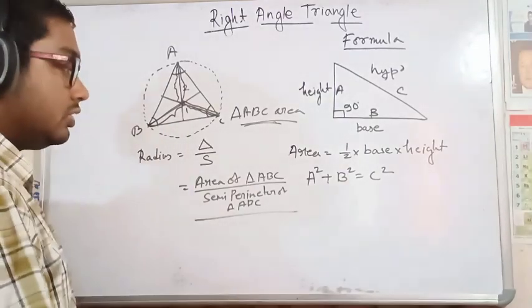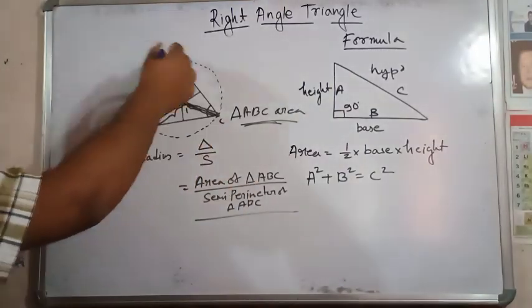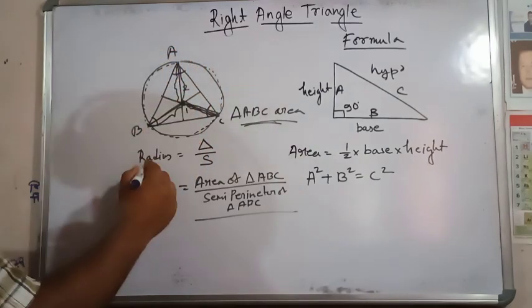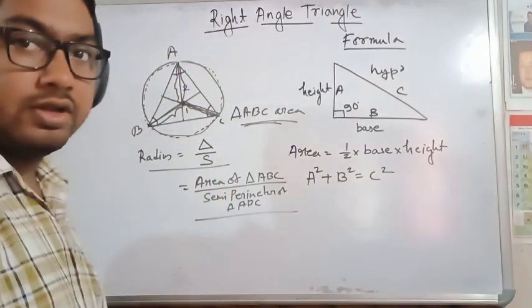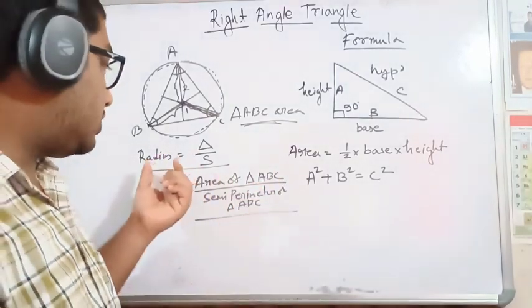You must remember this formula for the radius of the circle. The radius of this circle is delta by S, the area of the triangle by the semi perimeter.